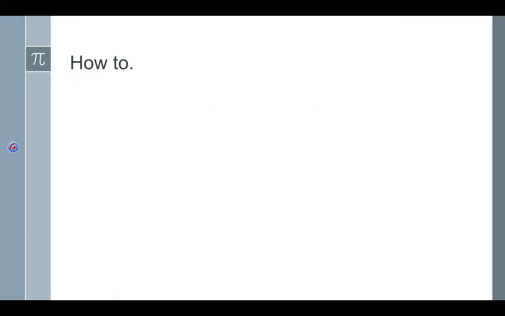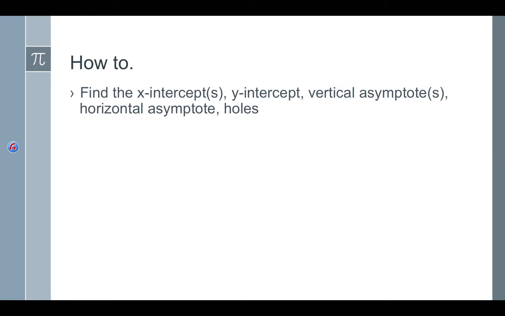All right, so let's look at a very brief how-to. First of all, just as with the equation, you need to figure out your x-intercepts, y-intercept, vertical asymptotes, horizontal asymptote, any holes that might exist, and we're going to use those pieces to create the equation.